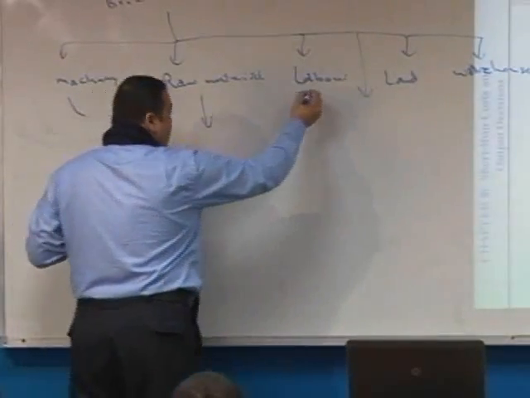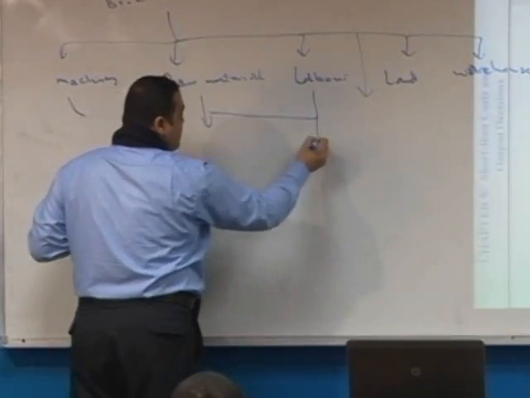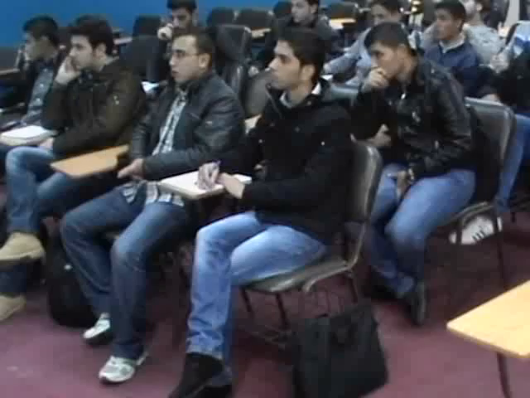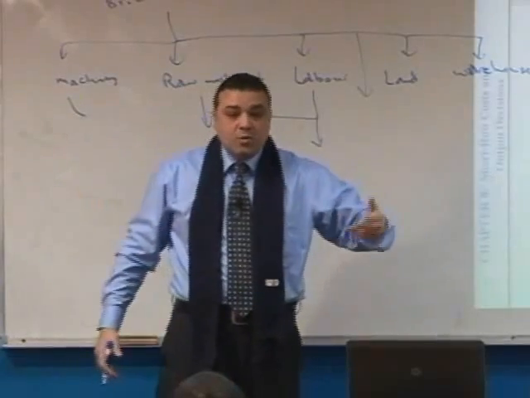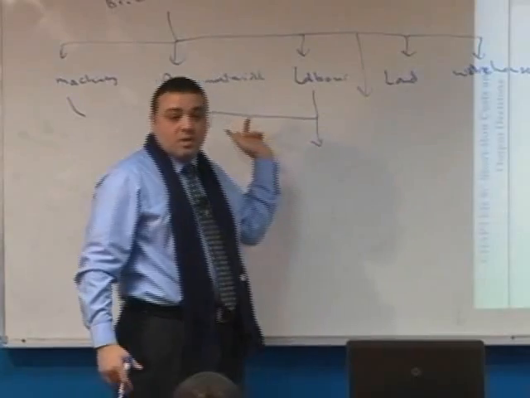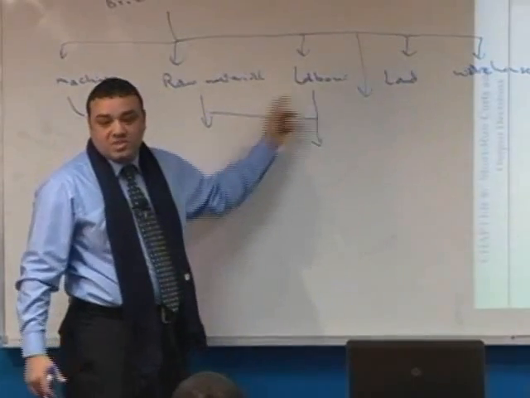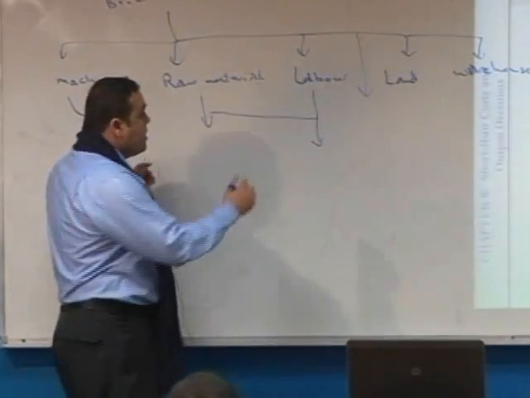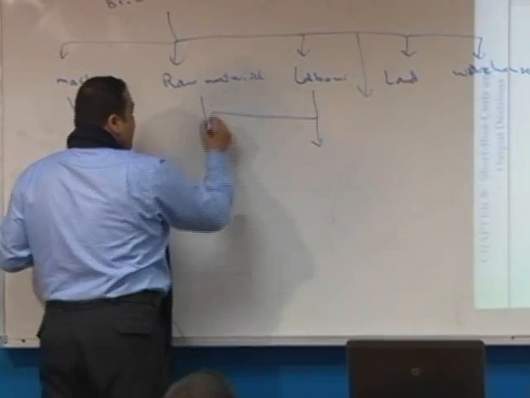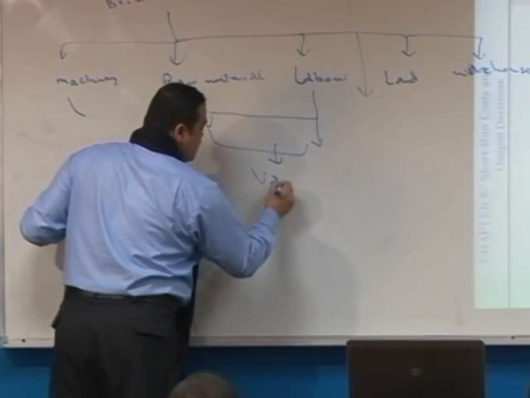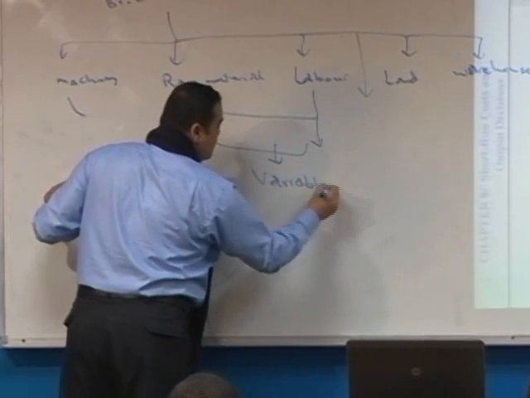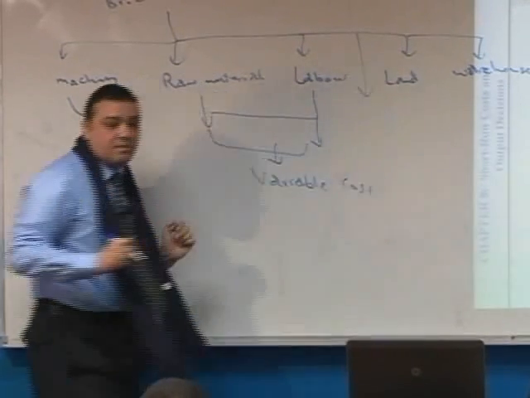So, as well as the labor, it's quite similar. If we want to produce more bricks, we need more labor. So it's called the variable cost, right? So in this case, the labor and raw material are variable cost, right?